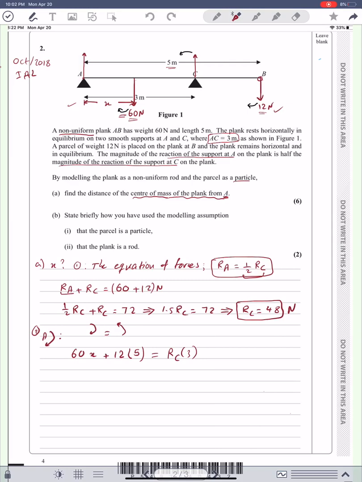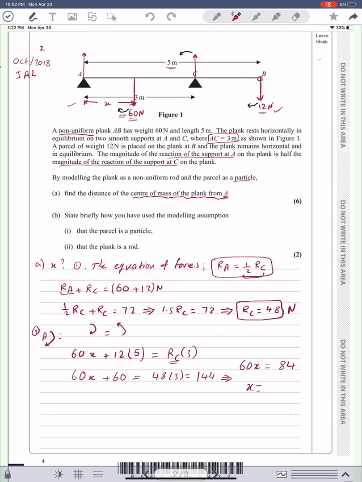By replacing RC by its value, what you'll be getting here is 60x plus 60 is equal to 48 times 3, which is 144. So this will give 60x equals 144 minus 60, which is 84.